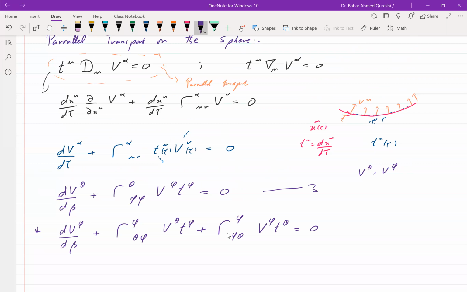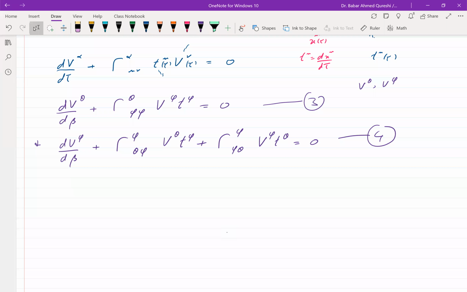So let's call them 3 and 4. Now let's transport along a curve which is given by this. So let's take theta of tau to be constant and phi of tau as tau.